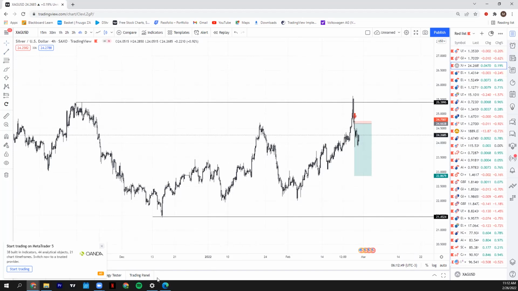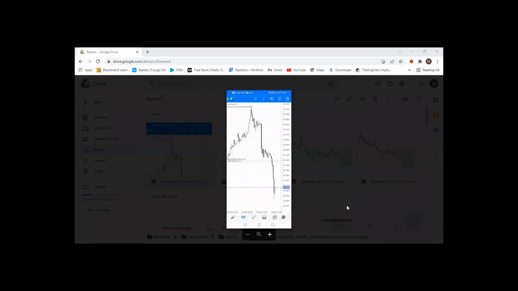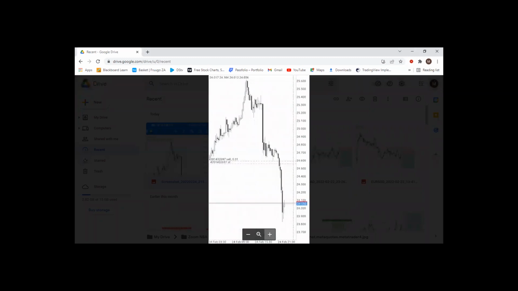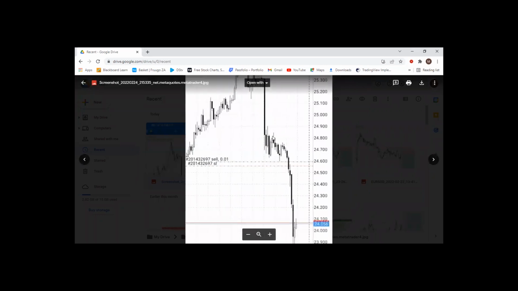So this was silver, and referencing back to my Google Drive account, you can see we had, right after the flag, the second entry it sold, and this is where I got out.